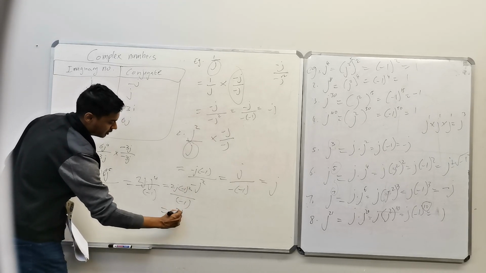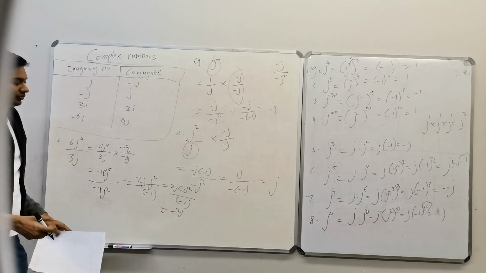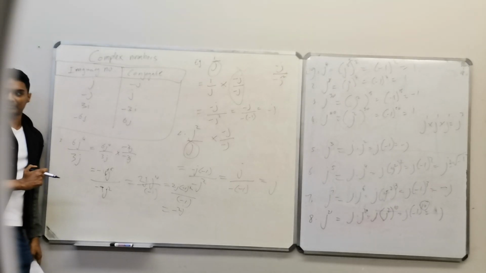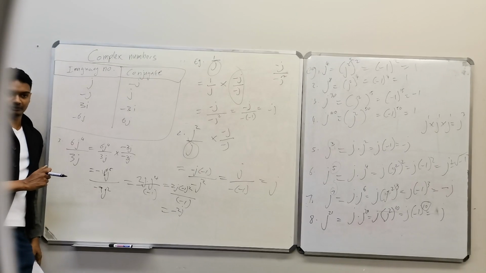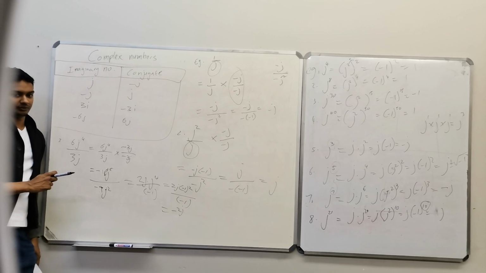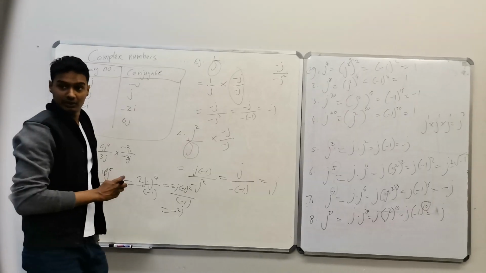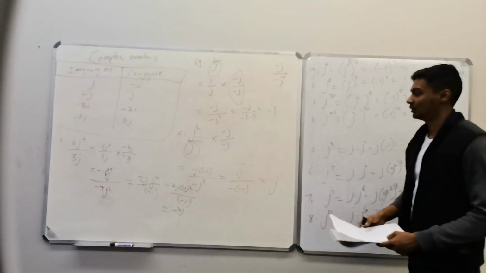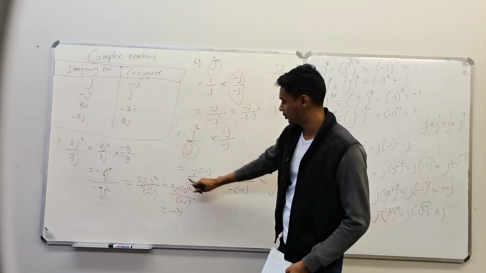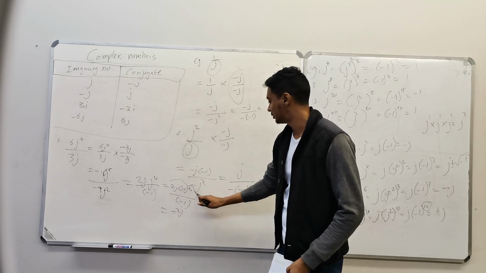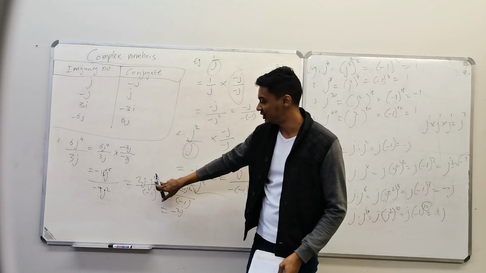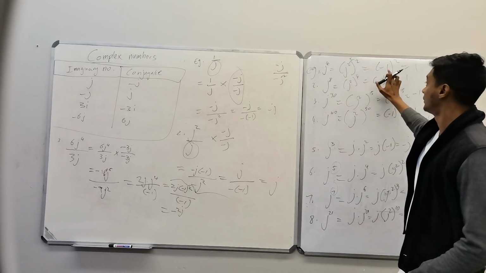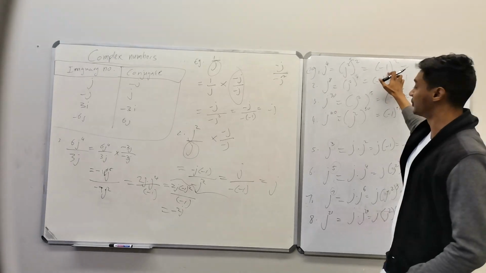Answer will be... Understanding? Using the same rule on the top there, j to the 4. Someone is lost. Okay, j to the 4, what will it give us? j squared, squared.